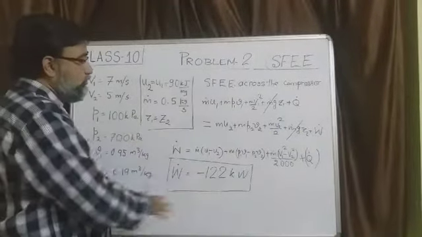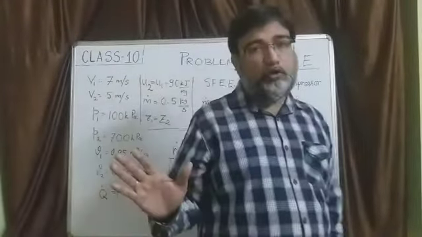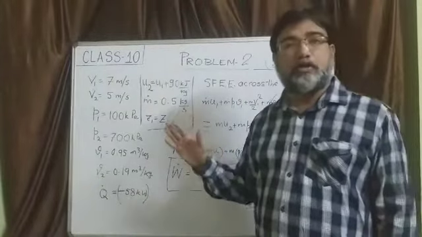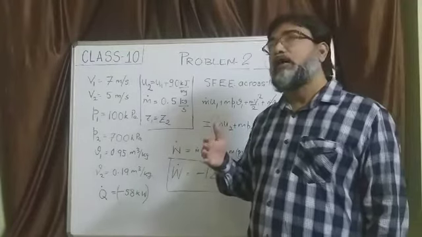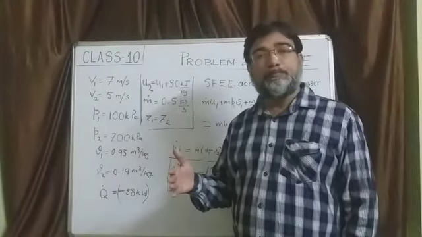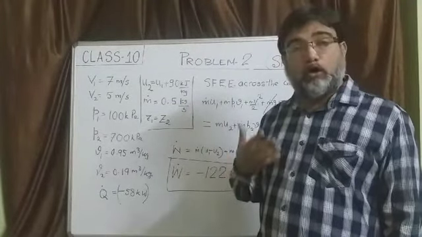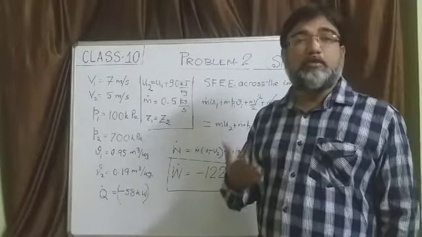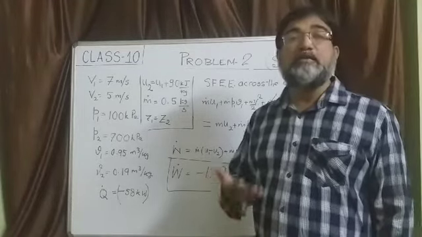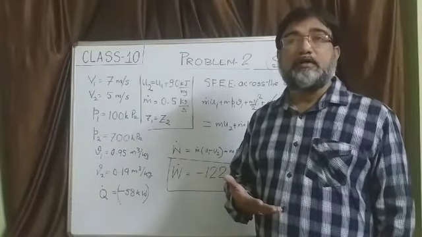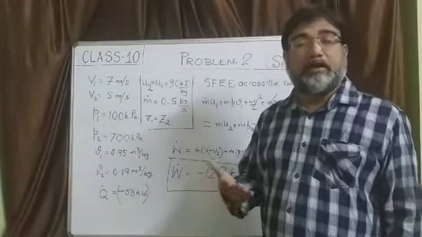So this is all about problem solving on steady flow energy equation. This much for today as far as the problems and first law of thermodynamics for flow processes are concerned. Next class I will either solve a turbine problem involving this steady flow energy equation, or I will explain the limitations of the first law and how these limitations necessitated the coming up of another law called the second law.